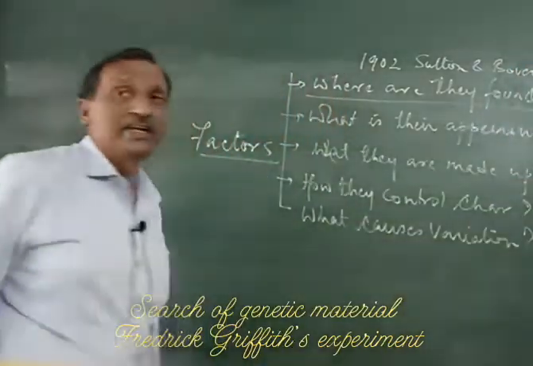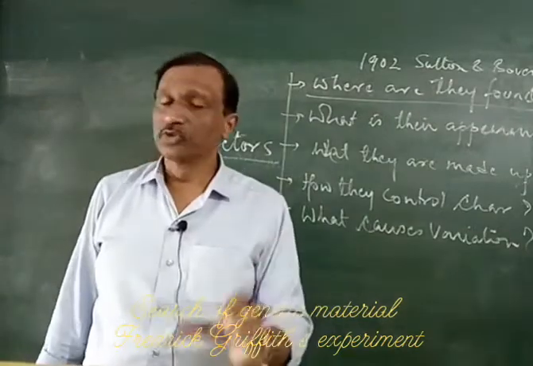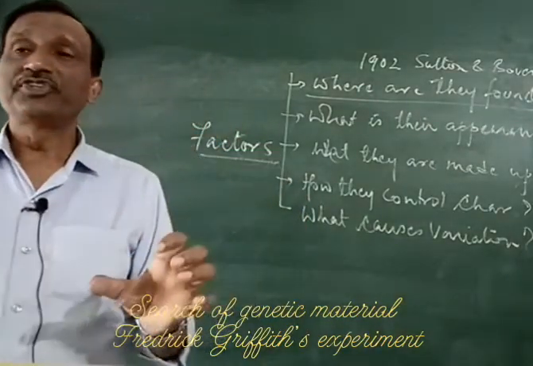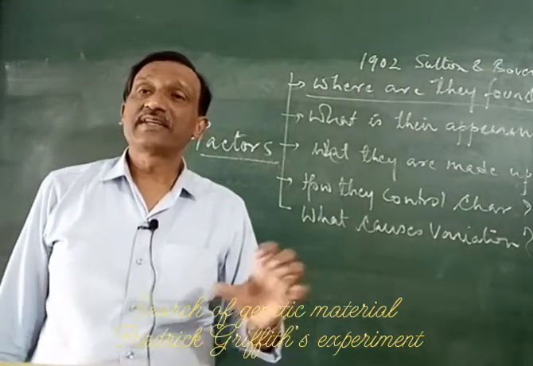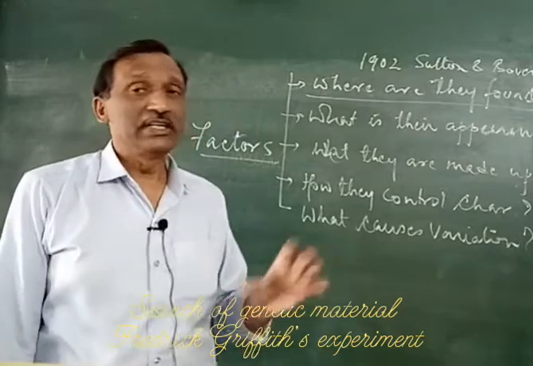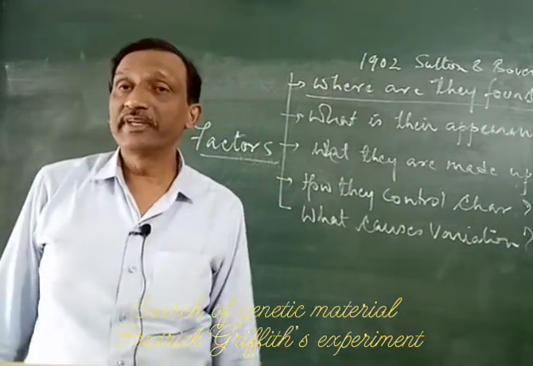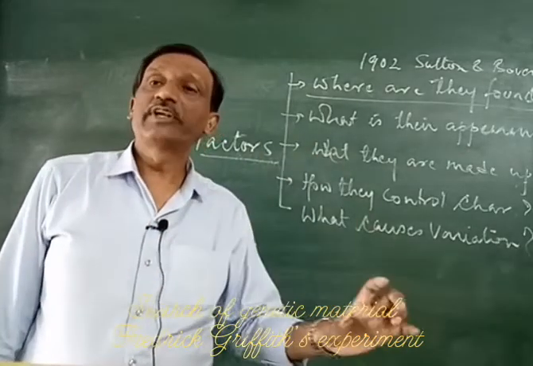Sutton and Boveri said that since there is a great similarity between the chromosomes and the factors, there is definitely some relationship between the factors and chromosomes. Earlier they said that factors are nothing but the chromosomes, but later on they modified their statement and said that factors are located on chromosomes.